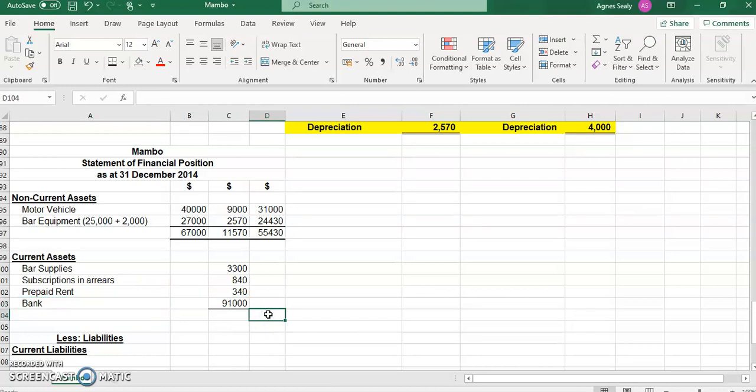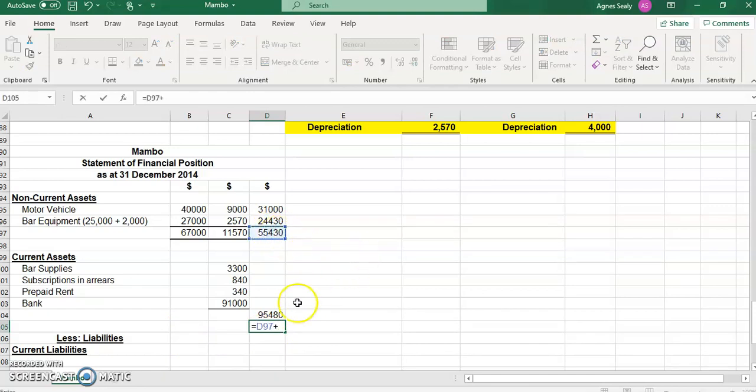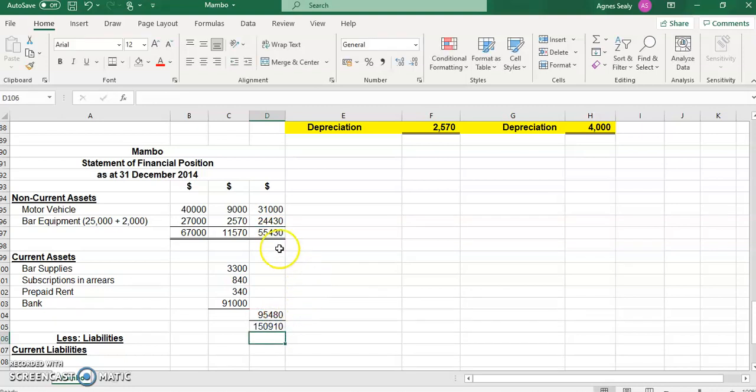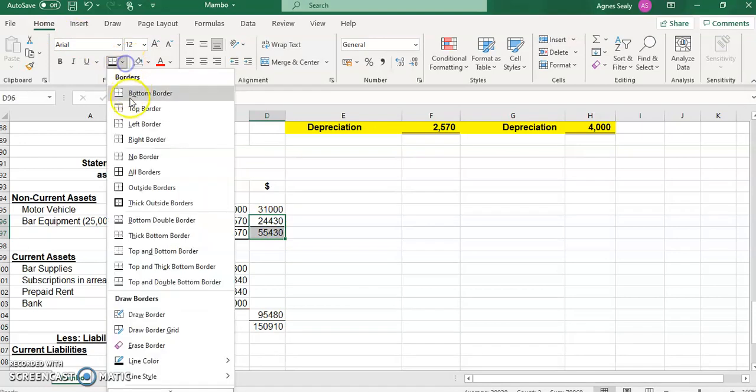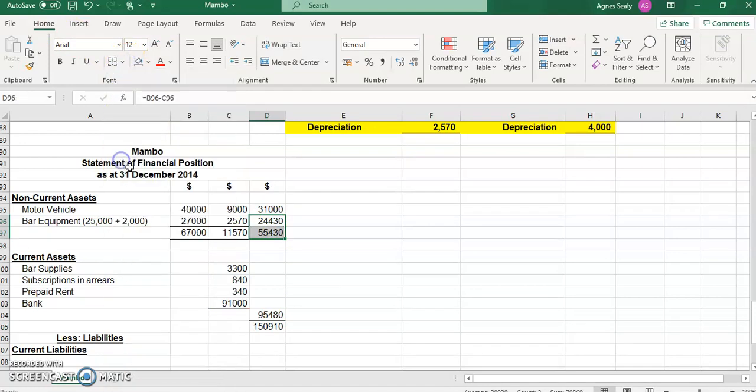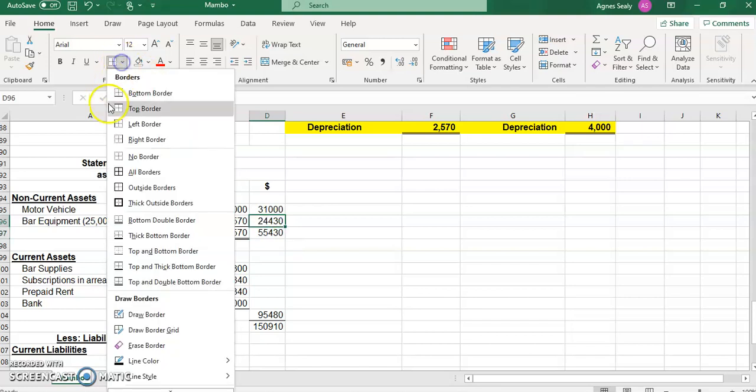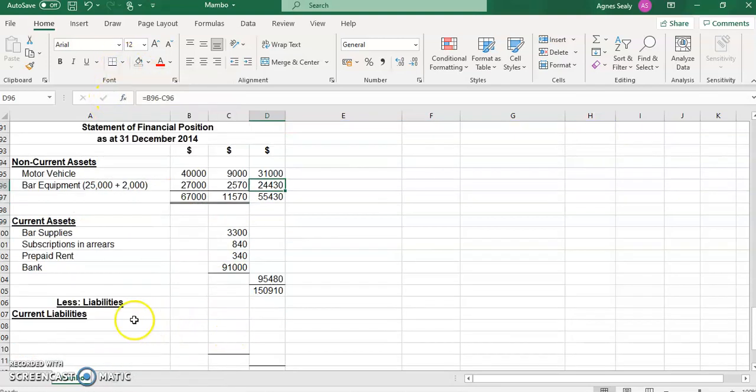So let's add those figures to get our total current assets of $95,480. And when we add our non-current assets and our current assets together, we get total assets of $150,910. So that is our total assets.